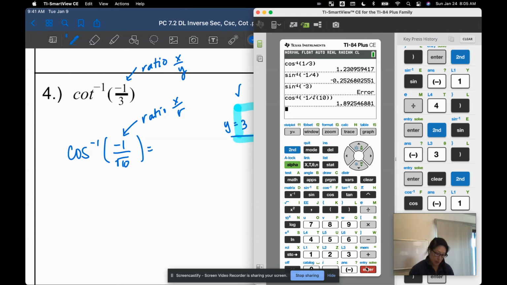And I get my angle is 1.89. So theta is equal to 1.89. That's in the second quadrant. All right, and that is it.